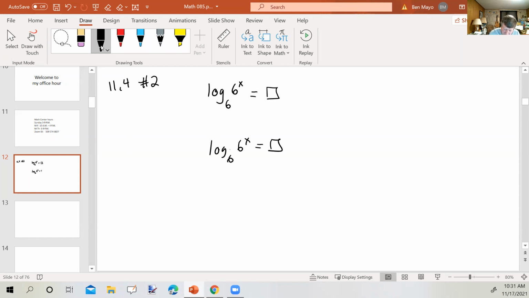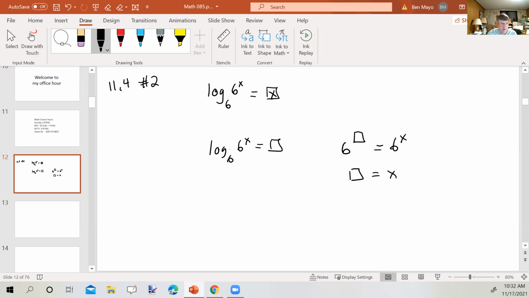Let's call it box. So then we've got a logarithmic equation. If we rewrote this as an exponential equation, we'd have 6 to the box equals 6 to the x power. Since the bases are the same, the exponents must be the same. Therefore, the box equals x.